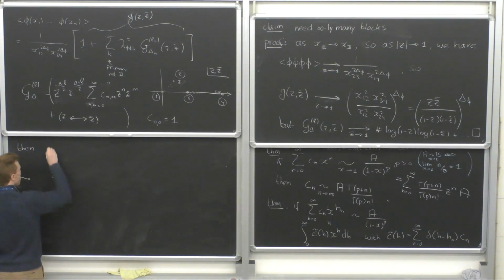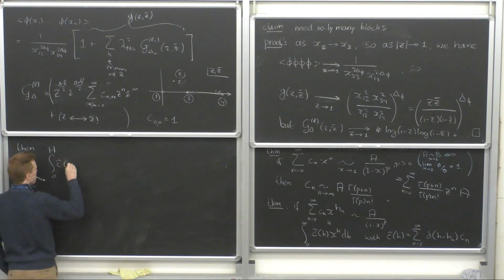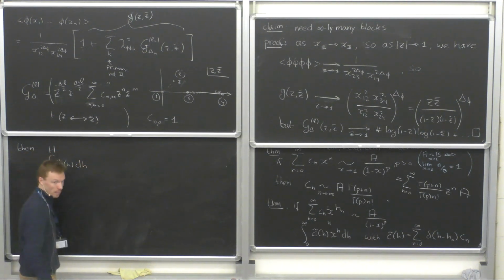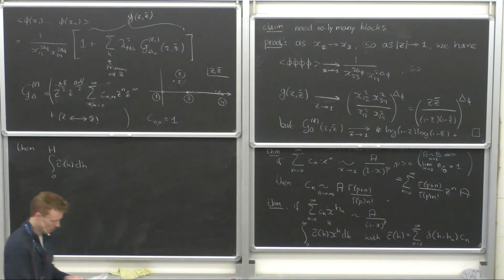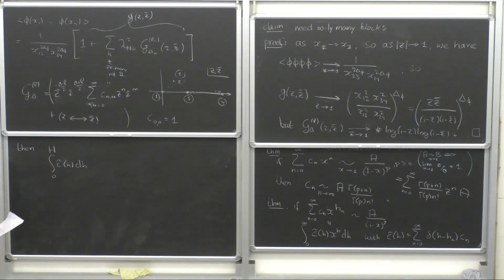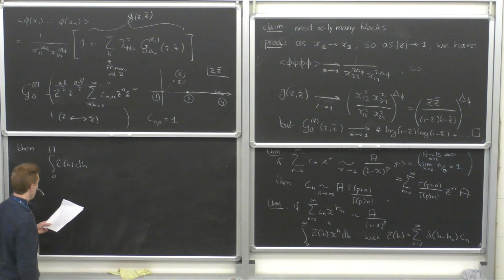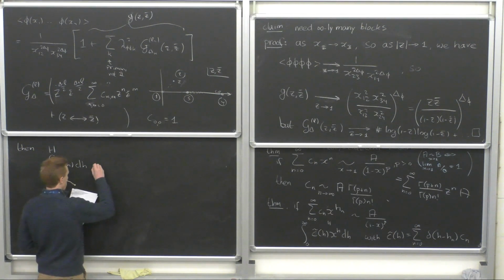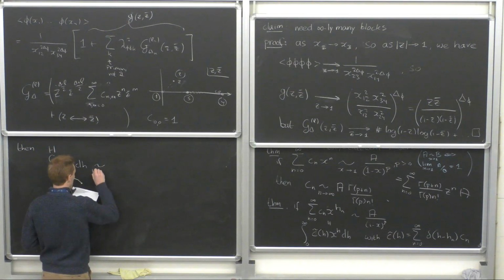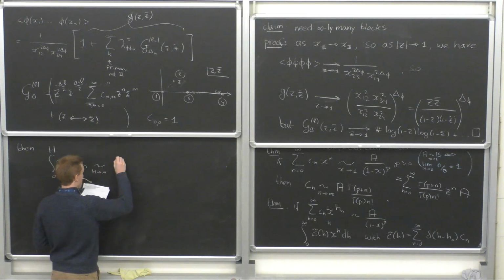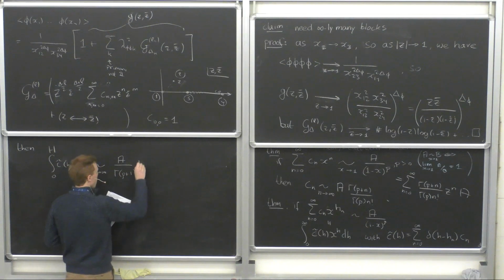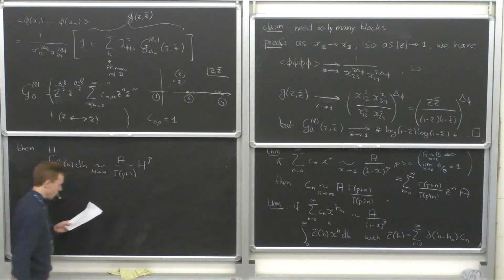The integral from 0 to big H of c tilde of h dh does what it is supposed to do, which is, as H goes to infinity, a over gamma of rho plus 1 times H to the rho. This is what it does.